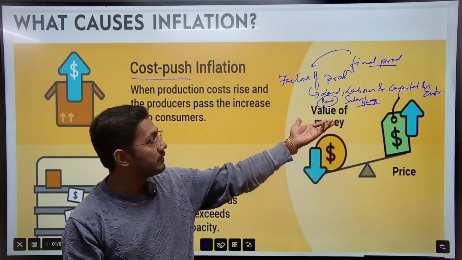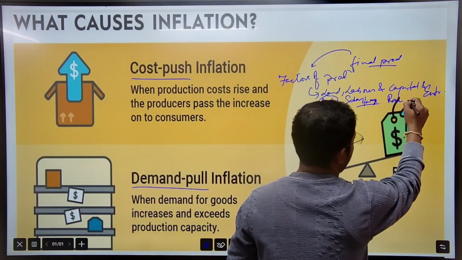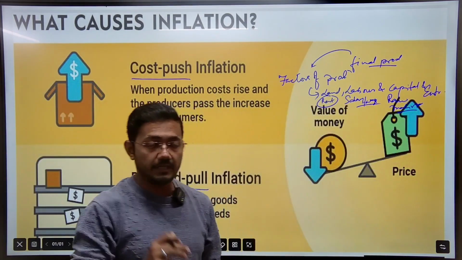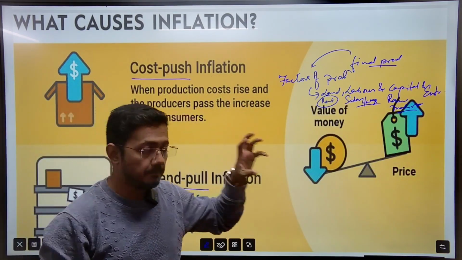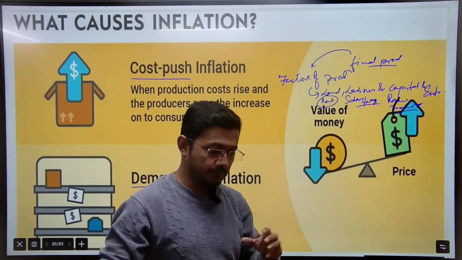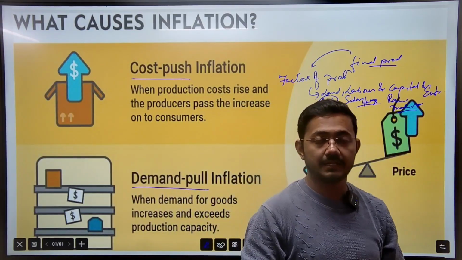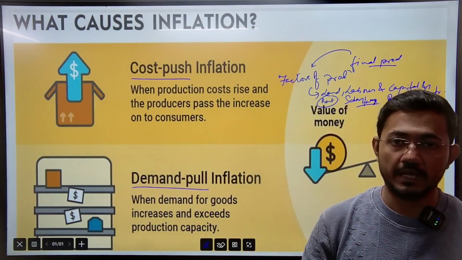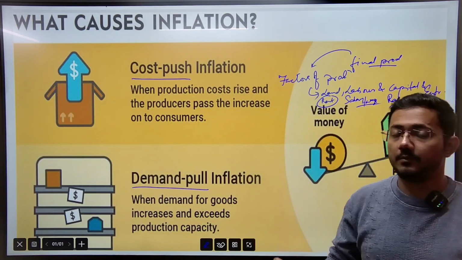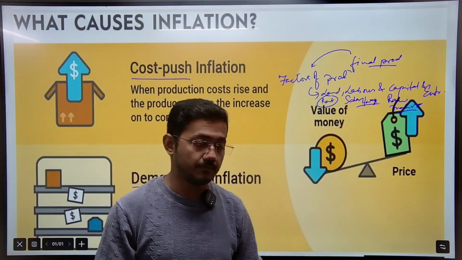Say for example, raw material. If the price of the raw material increases, it will also impact the price of the final product. So if the raw material, the labor cost, or the rent increases, that will eventually make the final product costlier. That type of price rise is known as cost push inflation.